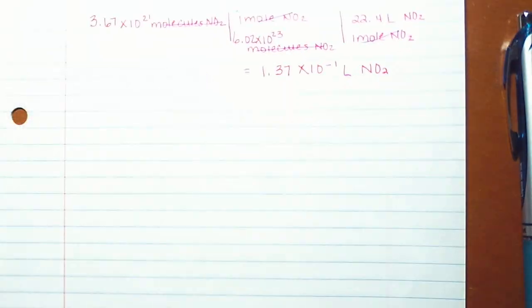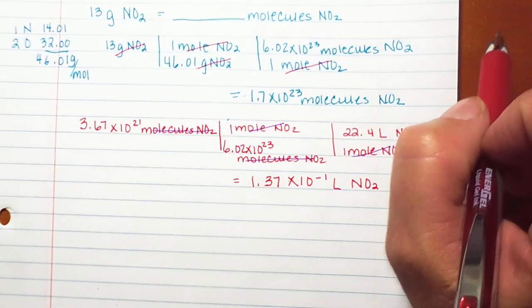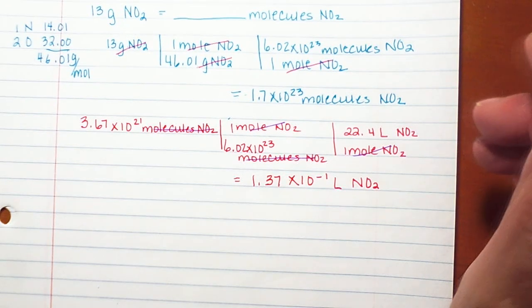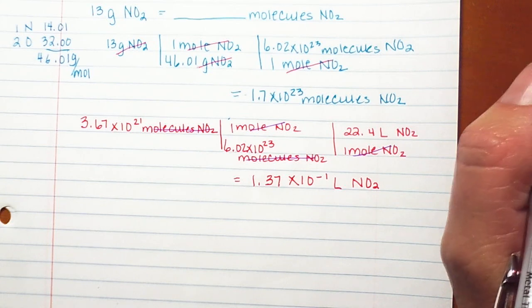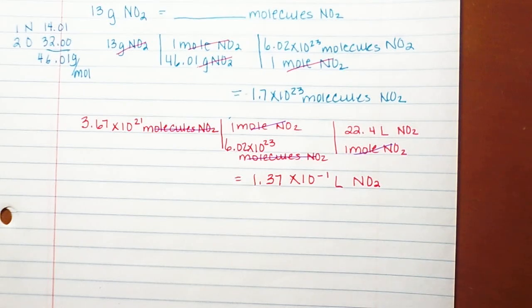All right, so all you have to do is use your mole map, figure out how to get from one place to the other, and you're going to have to go through the moles in between, right?